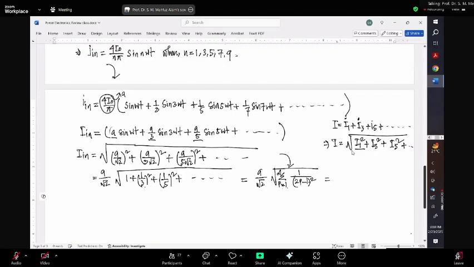If you have a series like this, I think you have learned in your calculus class that the sum of this series is pi square over 8. So if you take the square root of that, it would be A over √2 times pi over 2√2.